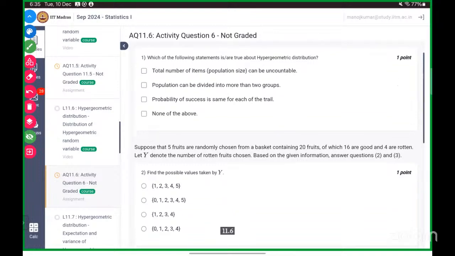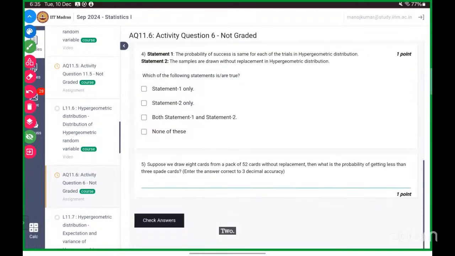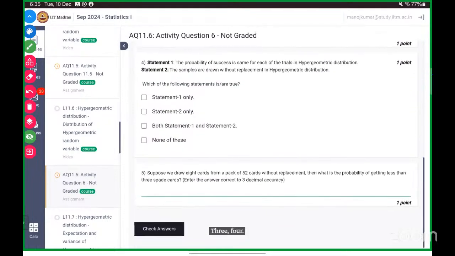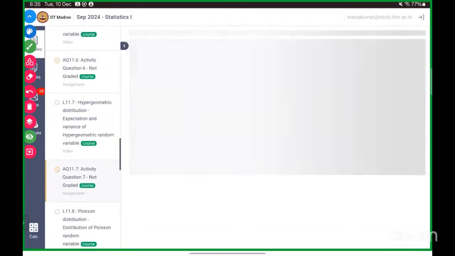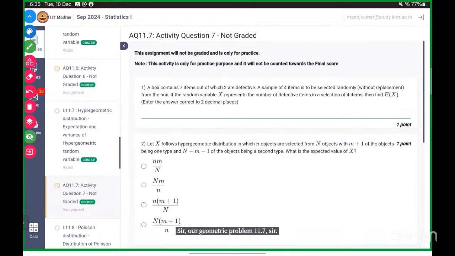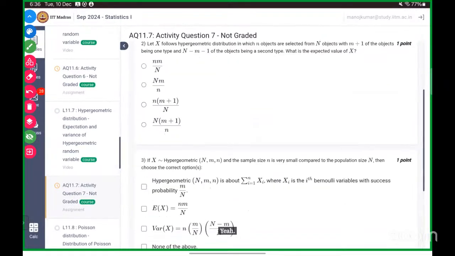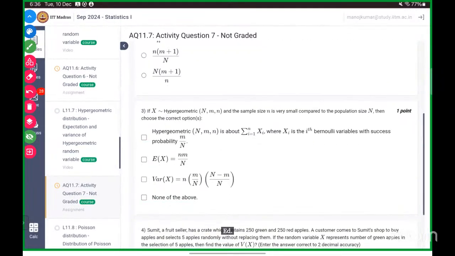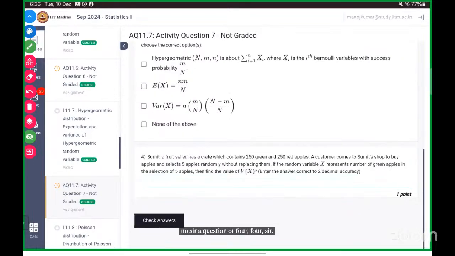Any doubt in 1, 2, 3, 4, 5? Okay, 11.7. Sir, hypergeometric problem 11.7. Sorry, question number 4. Yeah, here, this one.